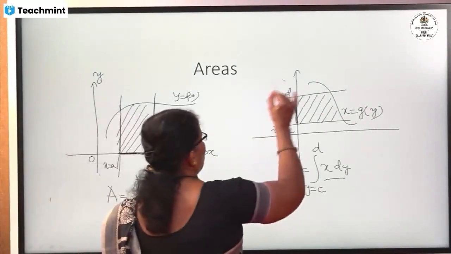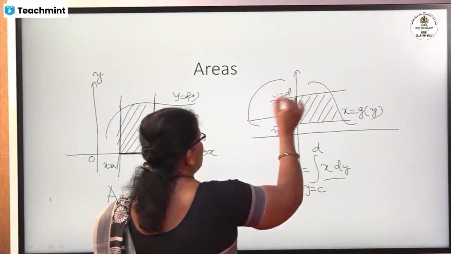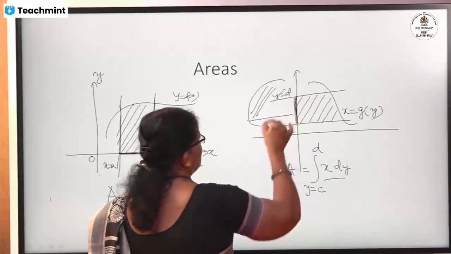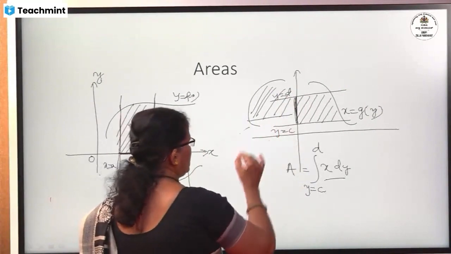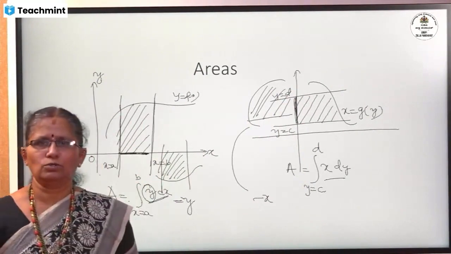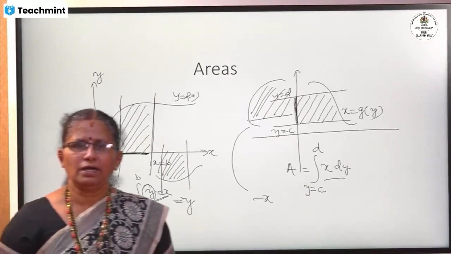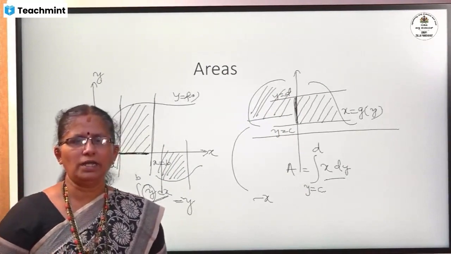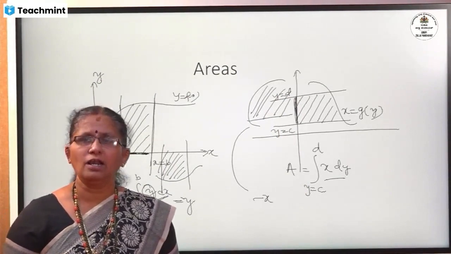Similarly, if you are finding this area, that is the area to the left of y-axis where x is negative, you have to replace x by minus x. So the two things that you need to remember is if the area is bounded by x-axis, integral y dx. If the area is bounded by y-axis, it is integral x dy.